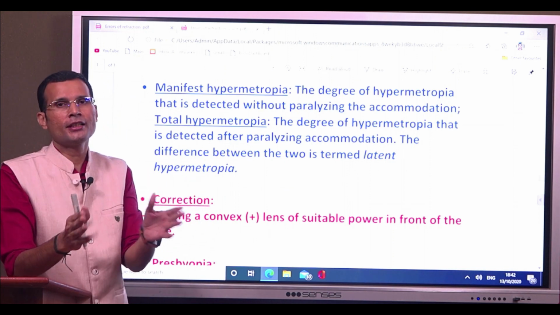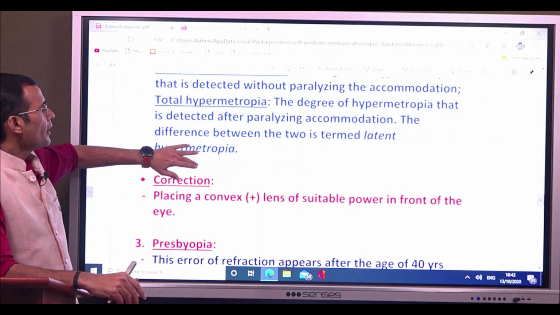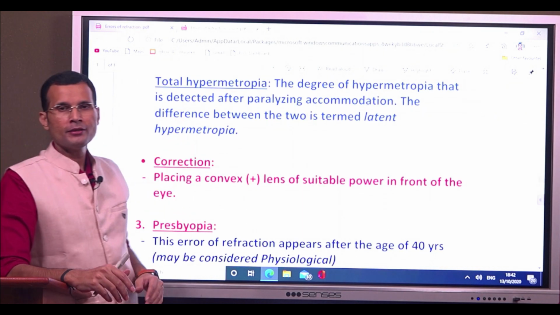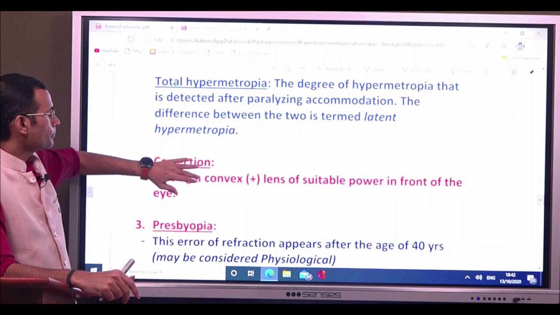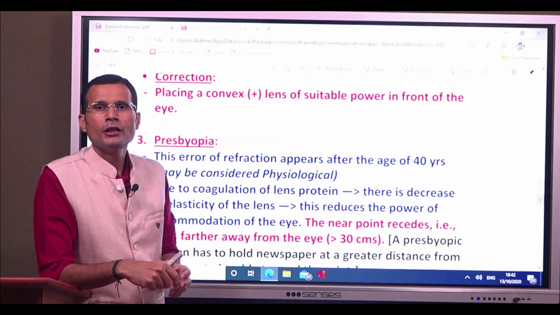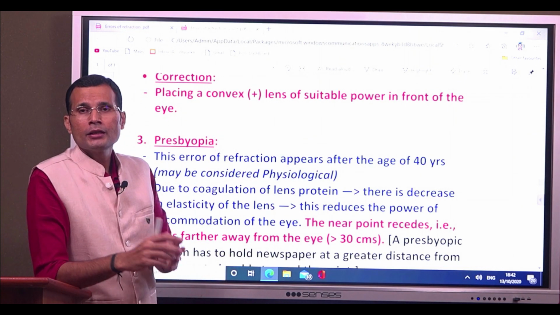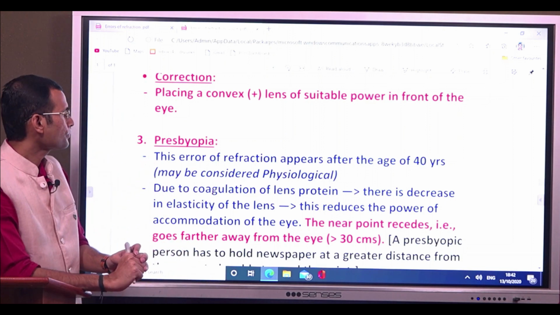That differentiation is made by these definitions: manifest hypermetropia, total hypermetropia, and the difference between the two, latent hypermetropia. Correction of hypermetropia, as I mentioned, is by the convex lens or plus lens, which causes convergence of the light rays.